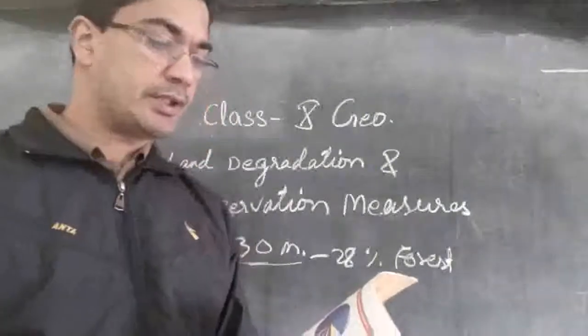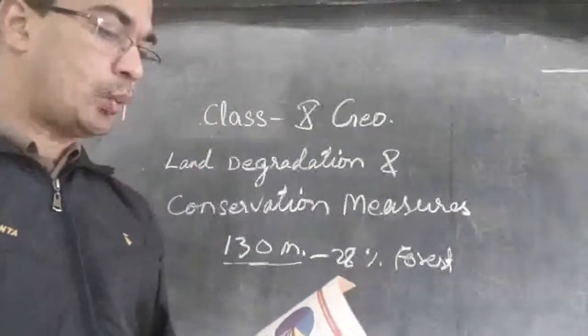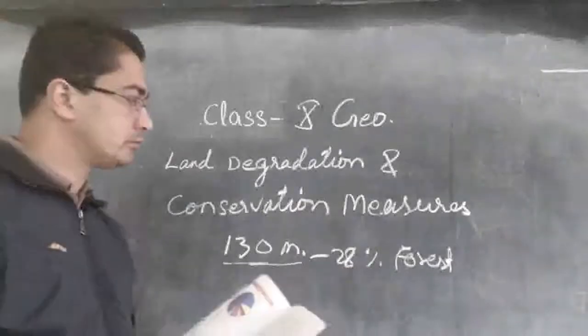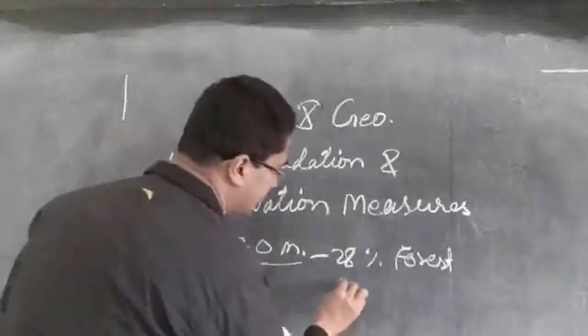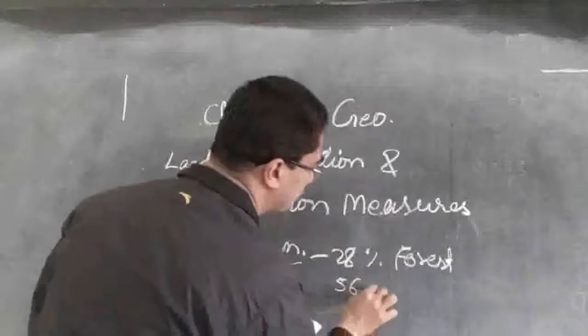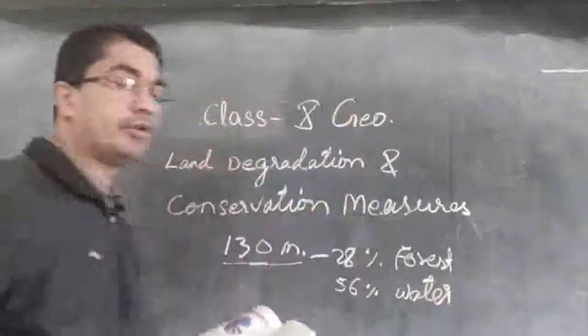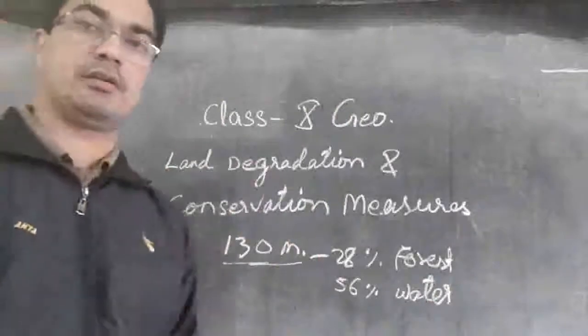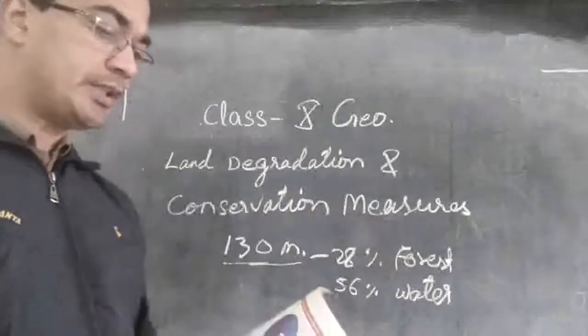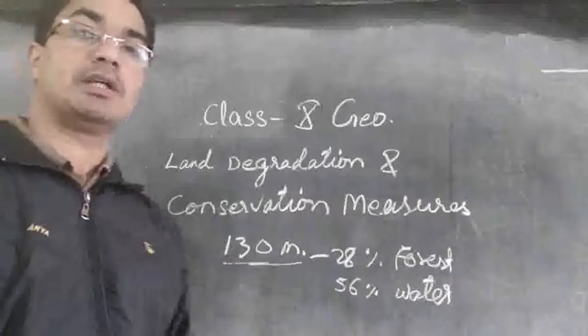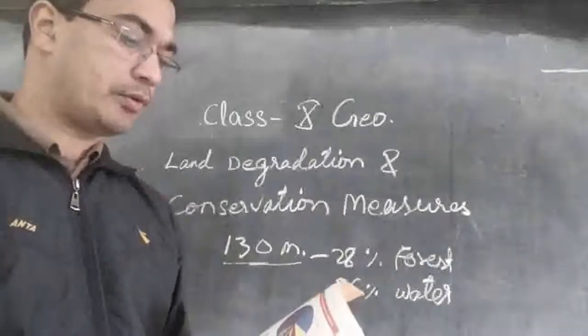Then 56% is water eroded area. Due to water flowing or water logging, 56% of this area is degraded due to water.